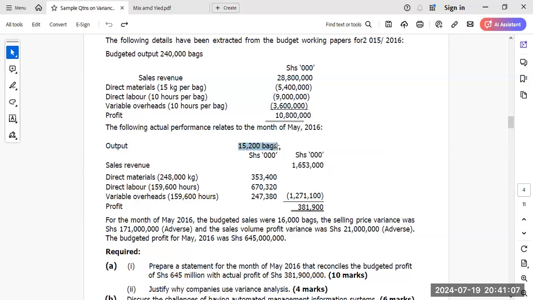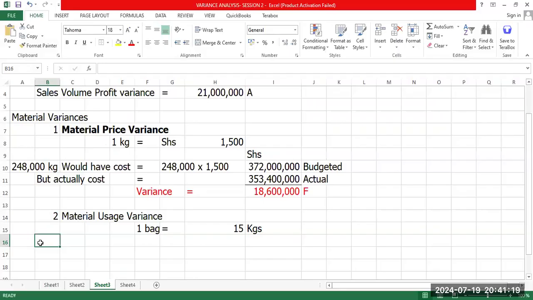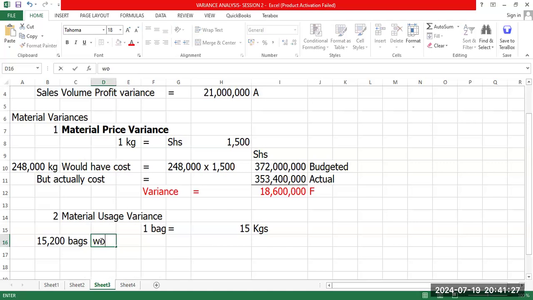So these 15,200 bags would have used how many kgs? We get 15,200 times 15. What do you get?